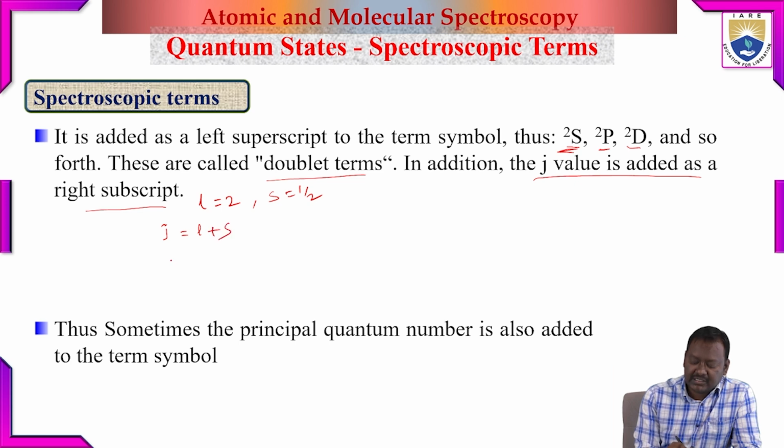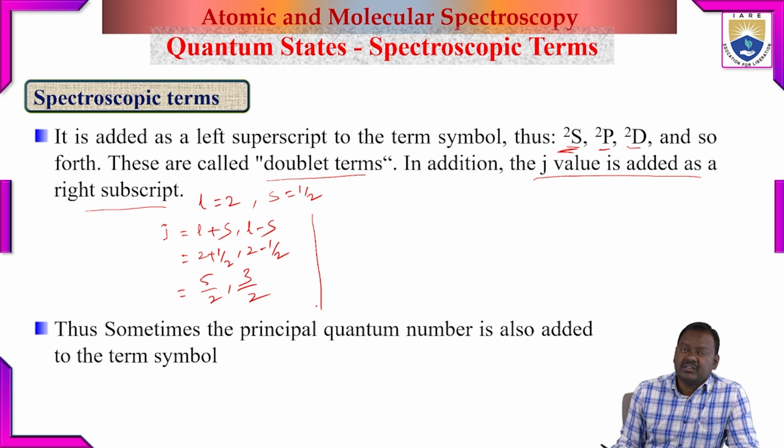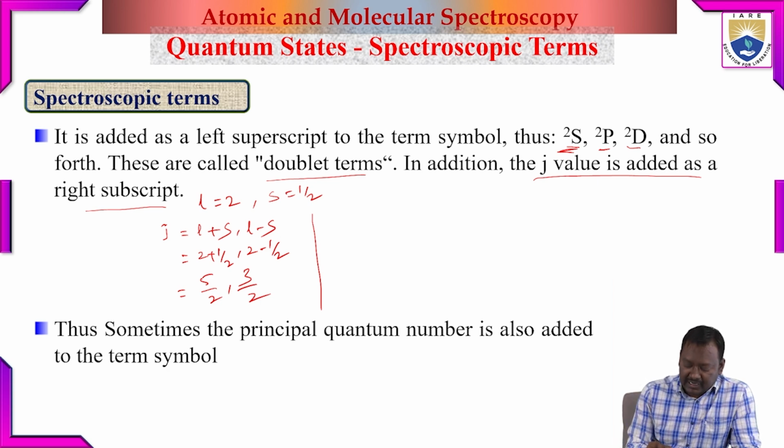One is L plus S and another is L minus S. That means 2 plus 1 by 2 and 2 minus 1 by 2, that means 5 by 2 and 3 by 2. Then how should we represent the spectroscopic term? First we should write the designation for L equal to 2, that is D.